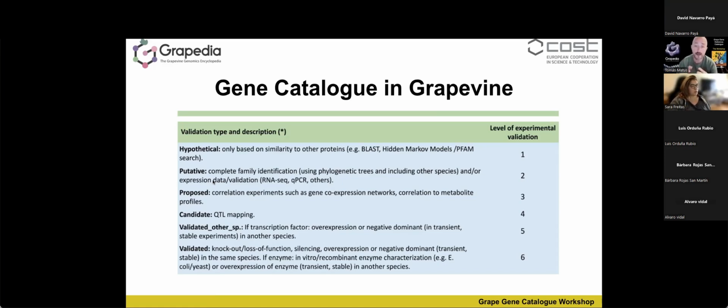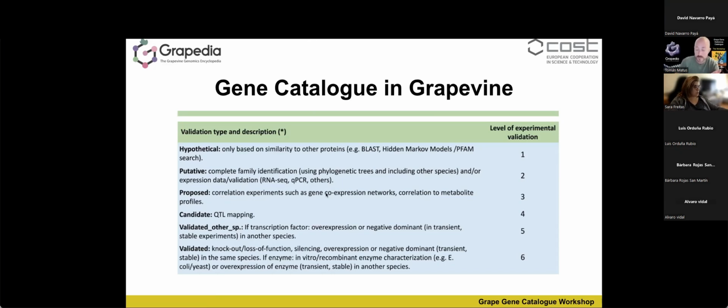If we have an article that describes the whole family, and we have all the genes that belong to this family, and this includes phylogenetic trees and some expression data, we will consider this validation of these roles as a second level of validation. We also have the third, which is the proposed one, in which we have correlation experiments to give or to propose functions for these genes.